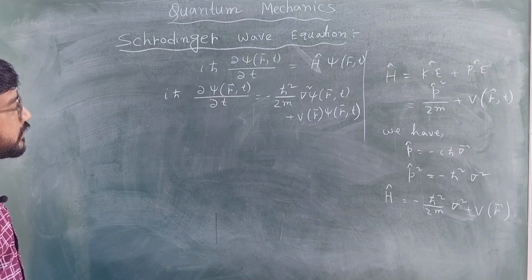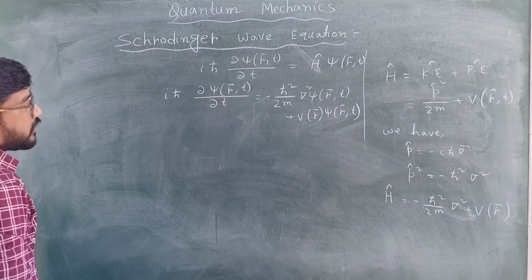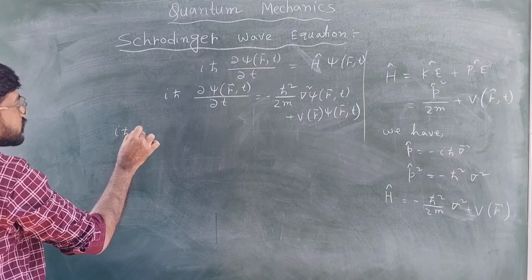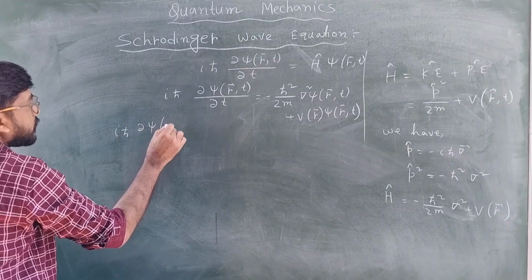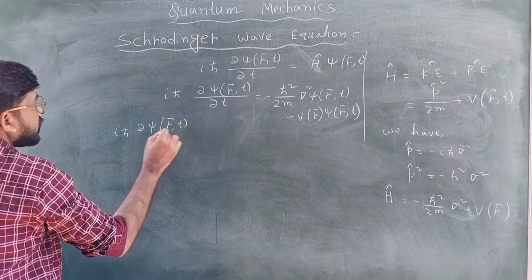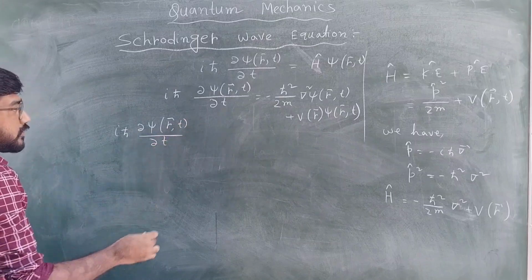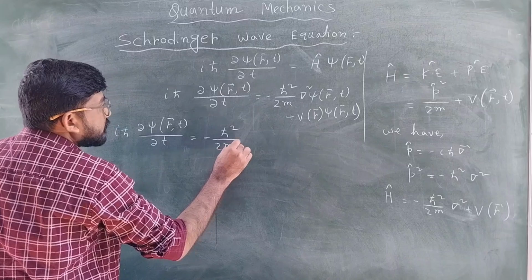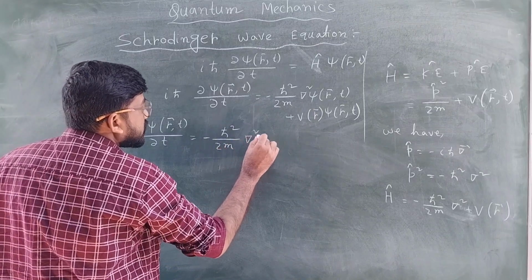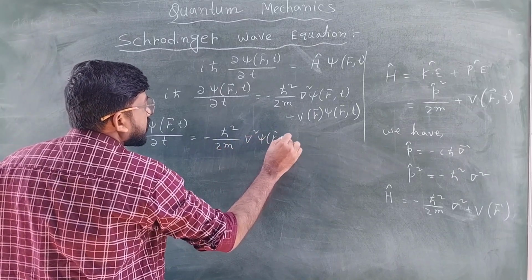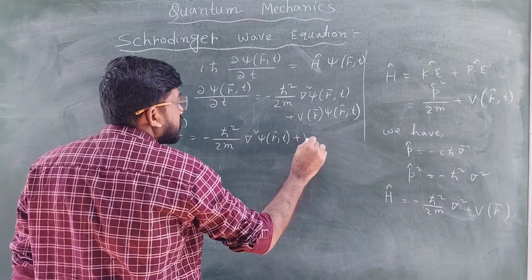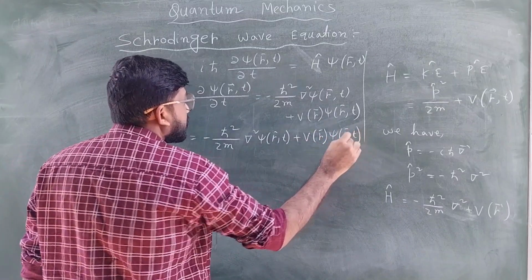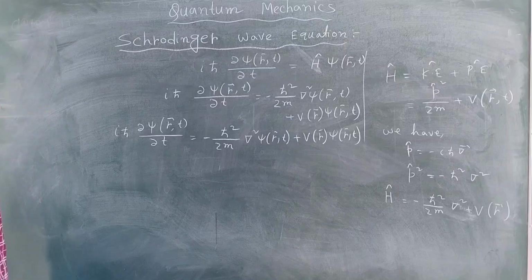Let us rearrange this equation in this way: iħ ∂ψ/∂t equal to minus ħ square upon 2m del square ψ(r,t) plus V of r into ψ(r,t). So this is the equation.